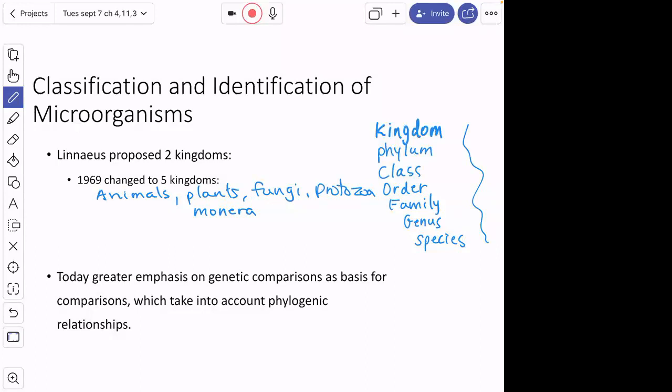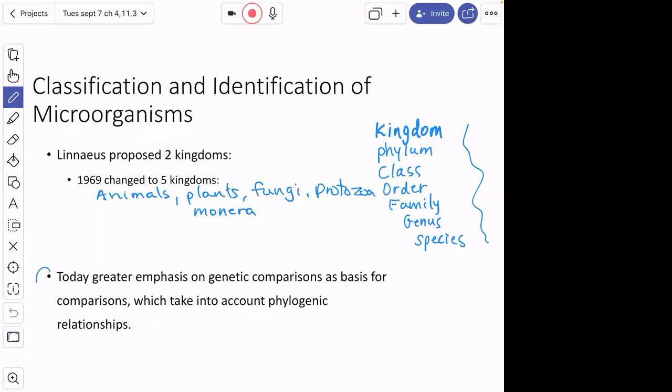Now, we always used shared characteristics to group organisms into different groups, and we still rely on that to some extent. We're going to talk about what some of those characteristics are shortly, and what we have used to classify organisms.